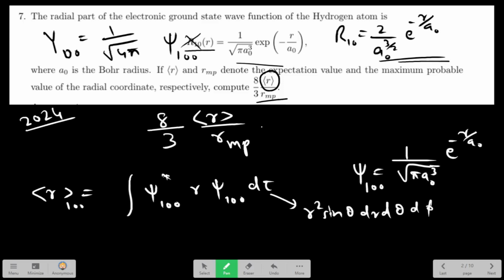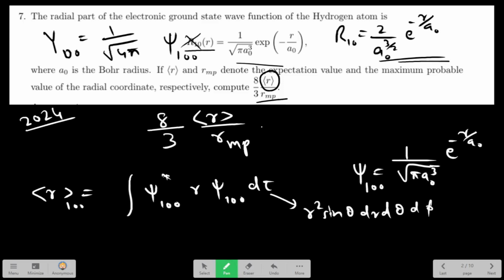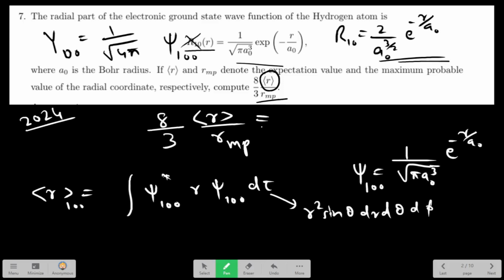Now let us put the values. We have to calculate 8 by 3 times the expectation value of R divided by the most probable value of R. So this is 8 by 3. The expectation value of R is 3 by 2 a naught divided by the most probable value of R, which is a naught. a naught gets cancelled.